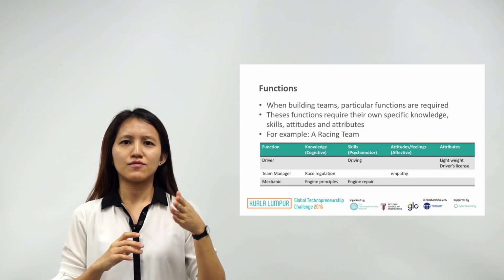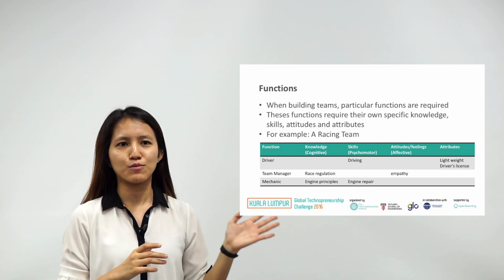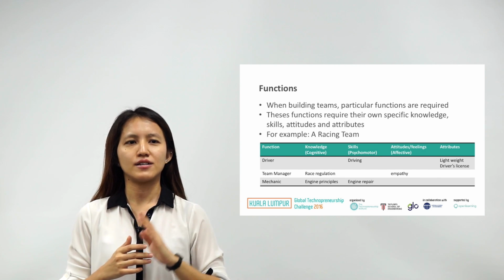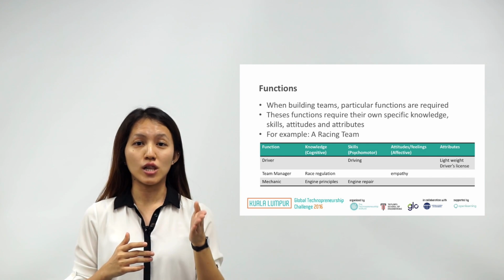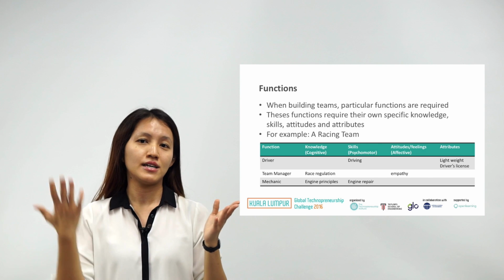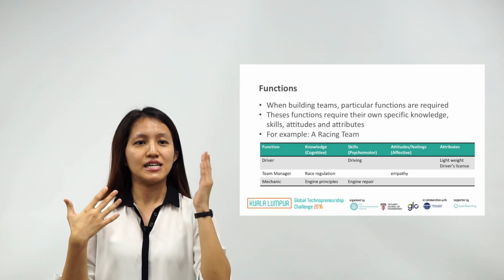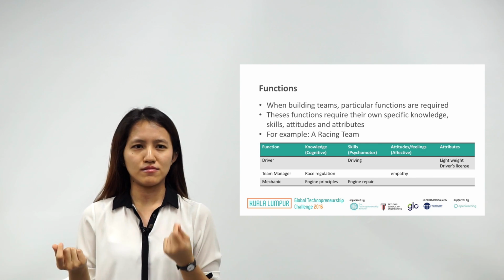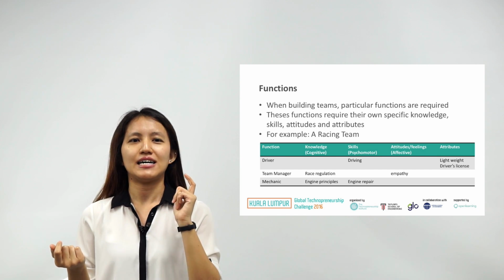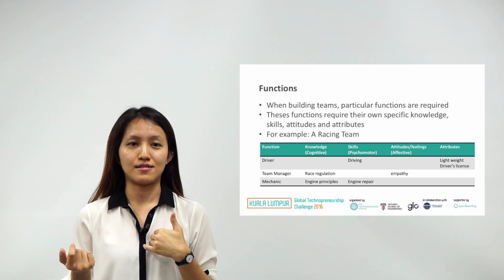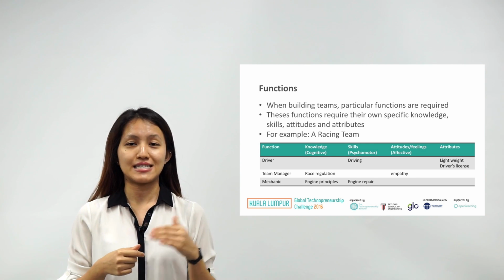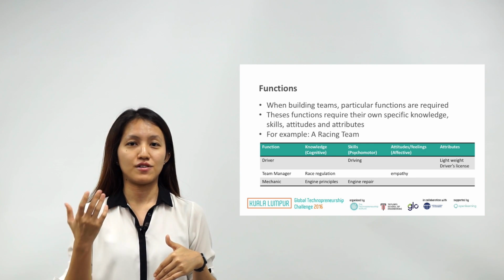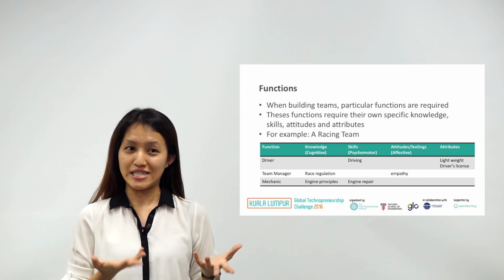So if you form a table like what you see here, you can lay it out in terms of function, knowledge, which touches on the cognitive side; skills, probably hands-on, the psychomotor domain; attitude and feelings, that's the emotion part, the affective part; and attributes. So if there are certain functions in whatever project you're working on that you need.